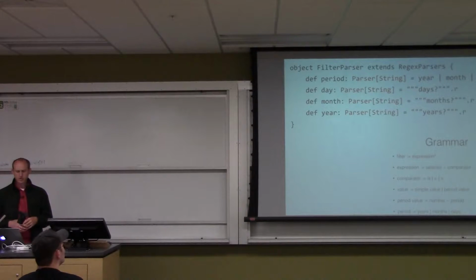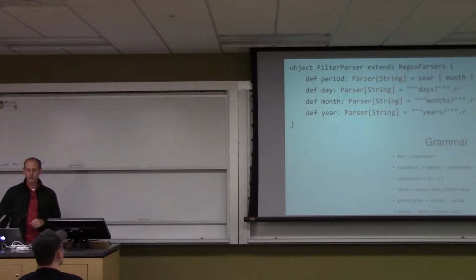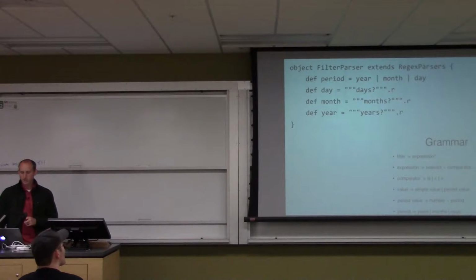And when we use that alternator, that operator is actually getting called on Parser, which is a way of combining multiple parsers in an alternative fashion. I don't really want to keep the types on there because I think it's ugly, but the type here is a Parser of String.